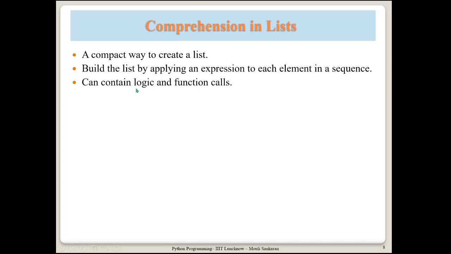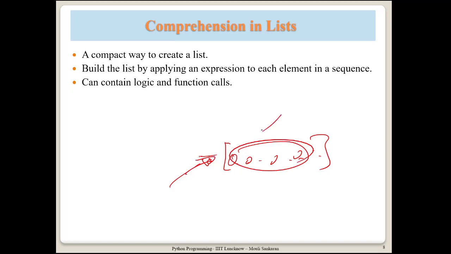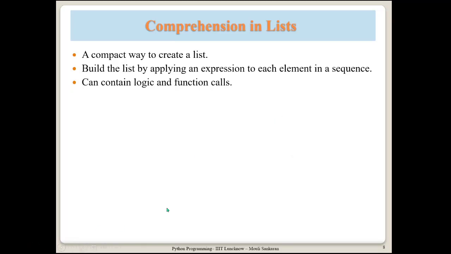In data science, it is very difficult when hundreds of thousands or millions of data items have to be created for testing purposes or even for your job. Writing them into a file is a difficult job, right? So how do you generate this data? Comprehension gives you a shortcut way of generating data. We can have different logics and different expressions to generate them.